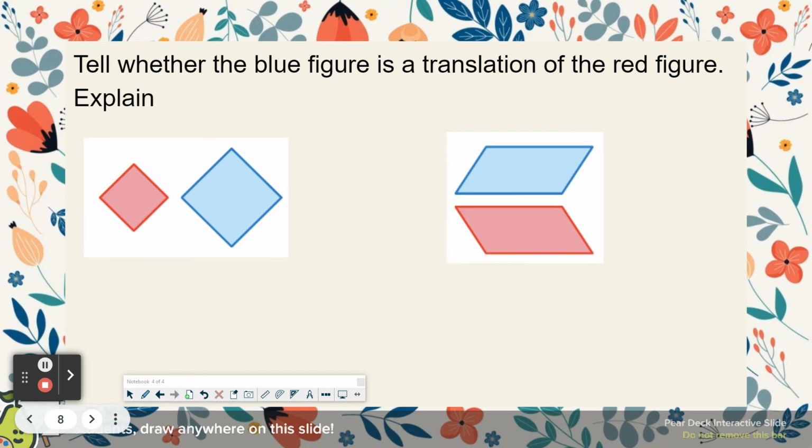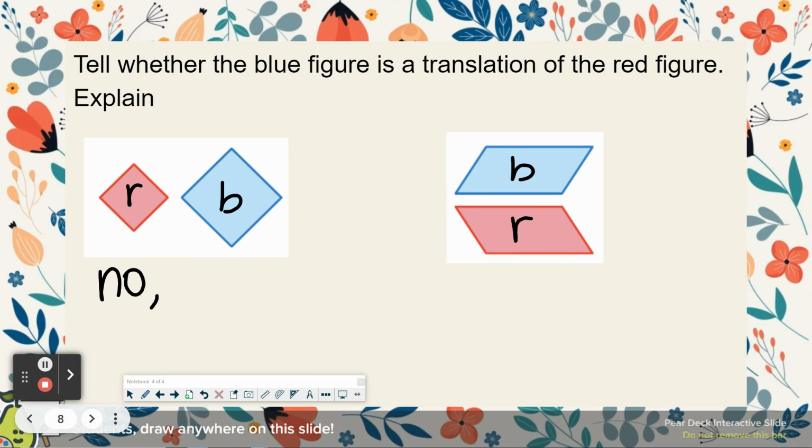Okay, would you please try the next two on your own? You should have said the first one was no, it's changing size.